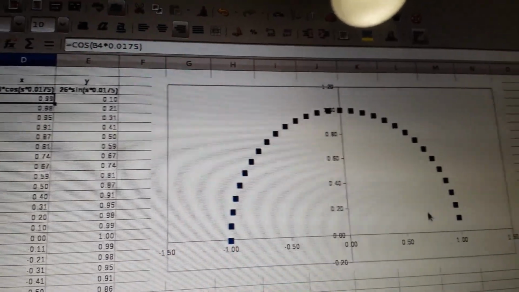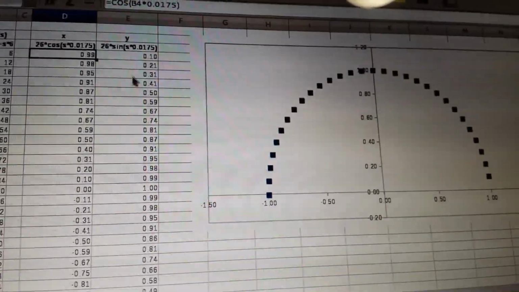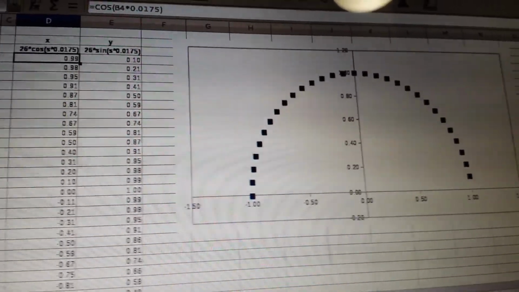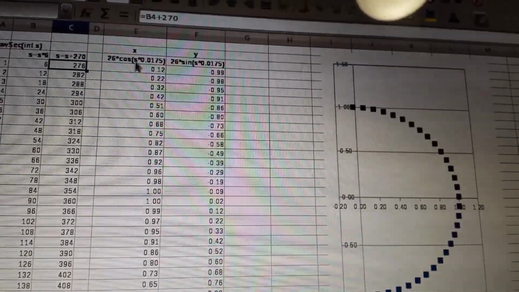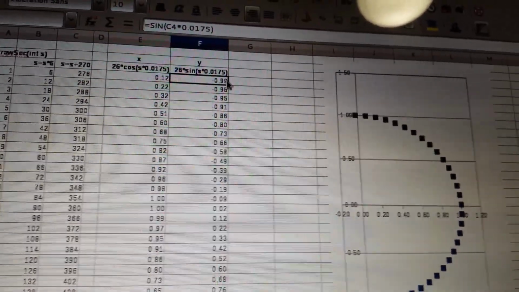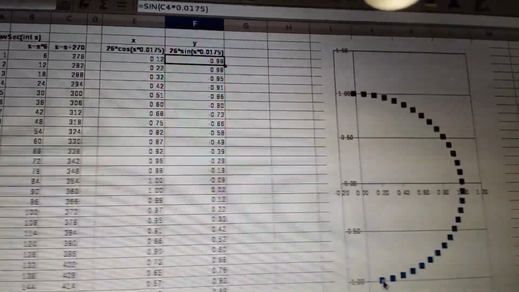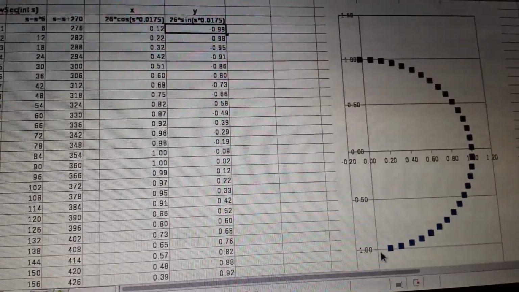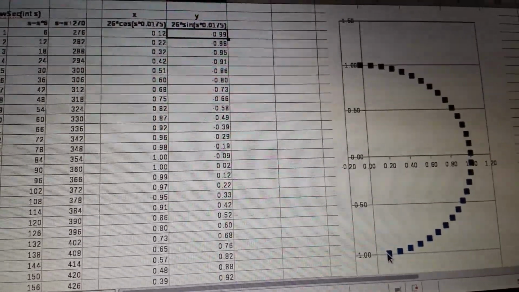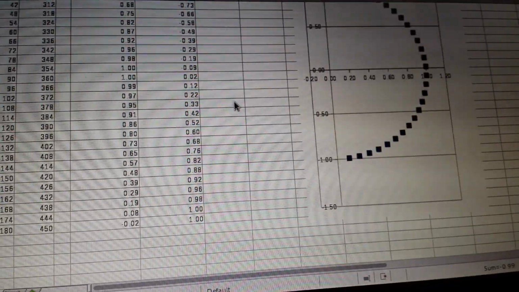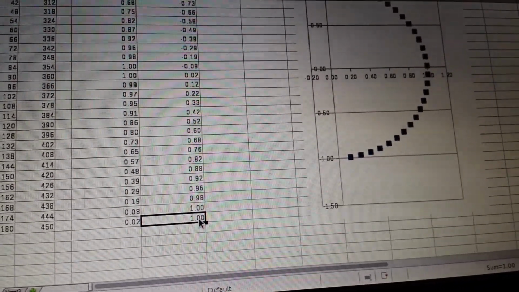And plotting was interesting. Let's go back to the other view. This is, for all practical purposes, a -1, which would be down here at the bottom. And it plots all the way around to a +1.